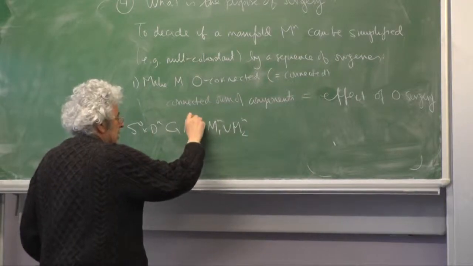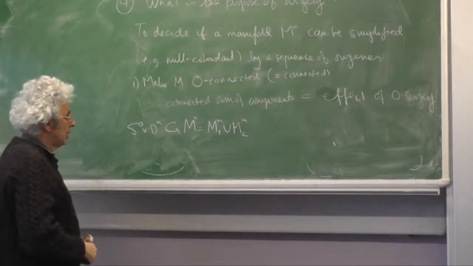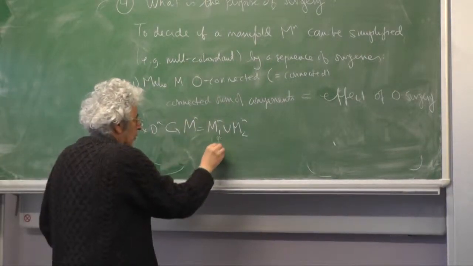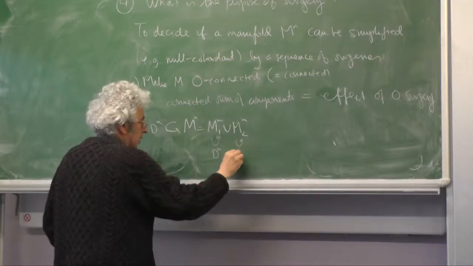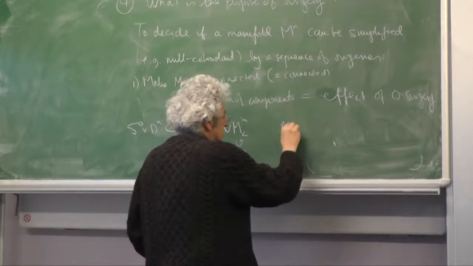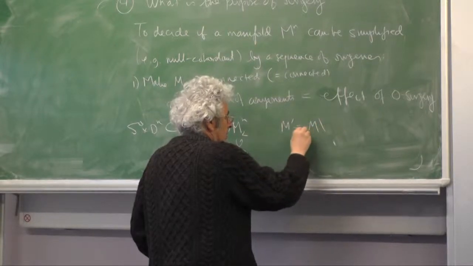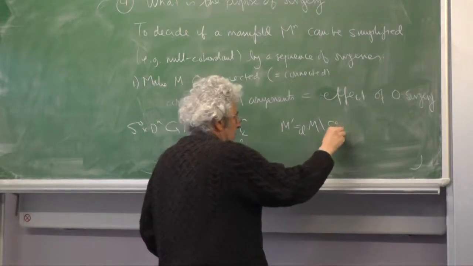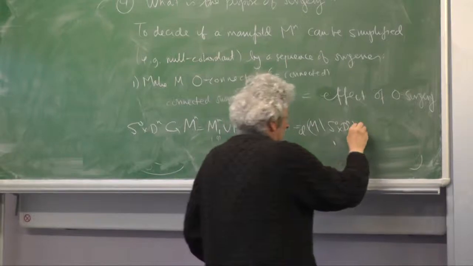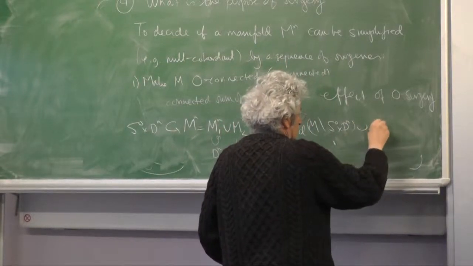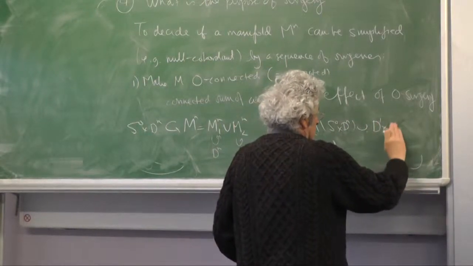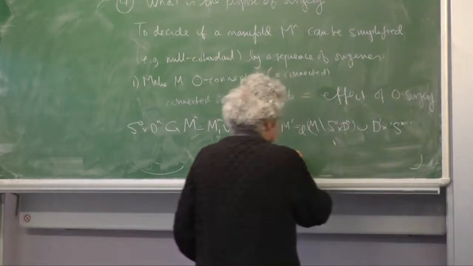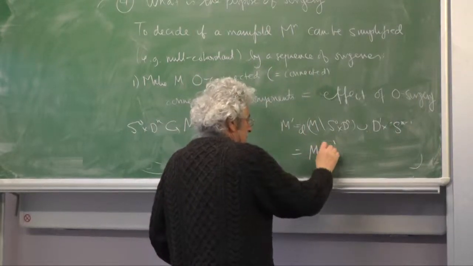every n manifold has inside it an n disk. And I just want to make sure that one of these two n disks is in here and that one is in here. And then in this case, M prime is exactly the definition of the connected sum.